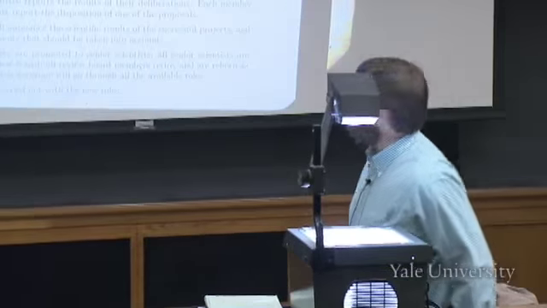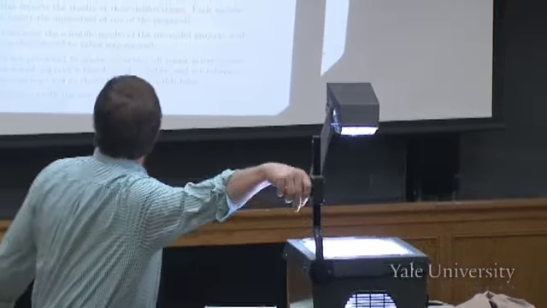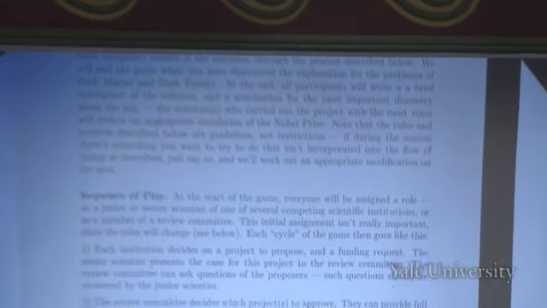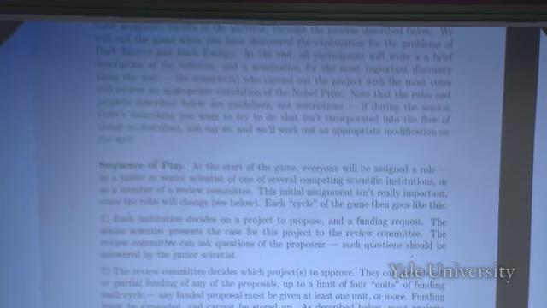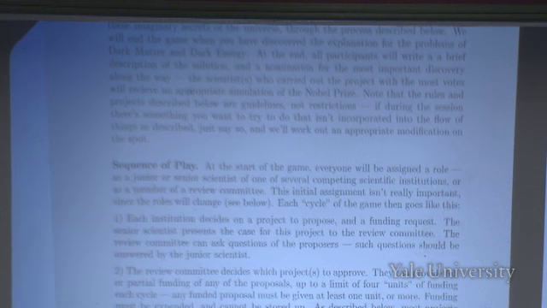Let me take you through the first page of this. Here we go, Cosmology, the game. And let me just take you through the sequence of play so you know approximately what will happen. So at the start of the game, everybody gets a role. You can be a junior or senior scientist at one of several competing scientific institutions or a member of the review committee that decides which projects to do.